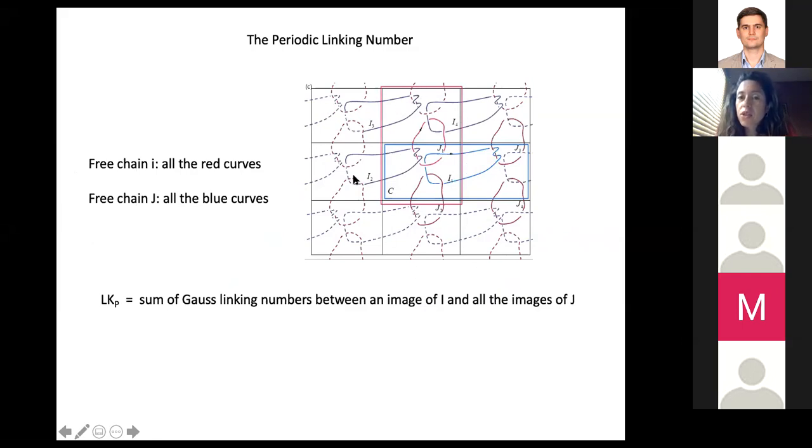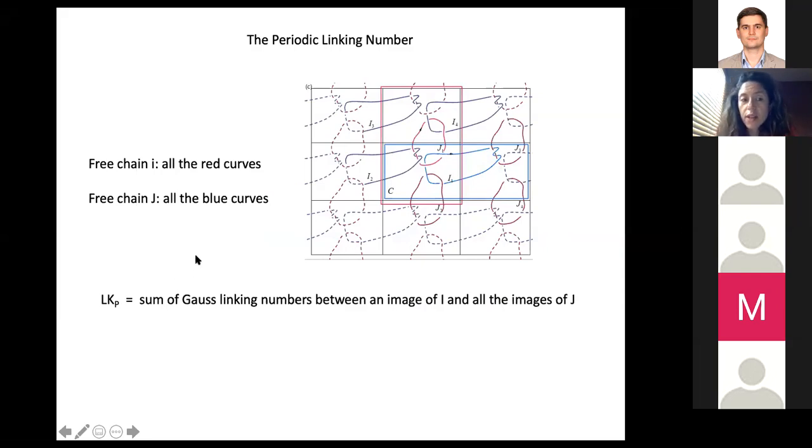And of course, this is just a two-dimensional cartoon representation. We are dealing with three-dimensional, three-periodic boundary condition systems. So if you want to see it more mathematically, it will be like a three-torus. So we propose to define a linking number at the level of all blue and all red curves.